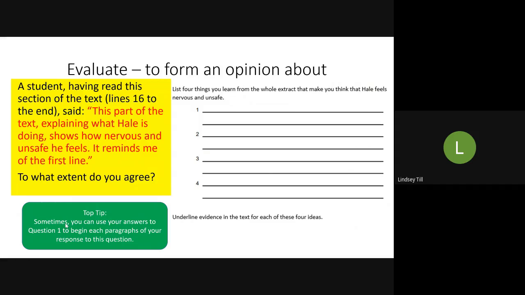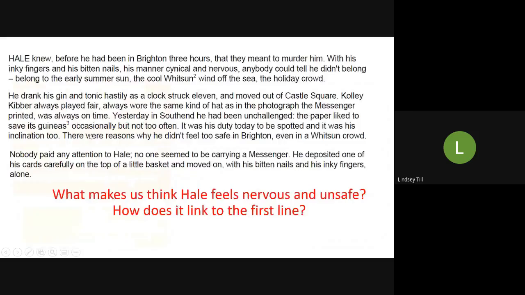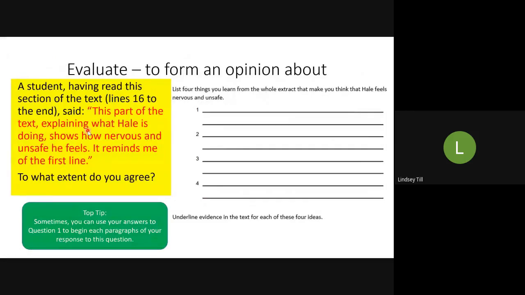It reminds me of the first line." To what extent do you agree? So I'm just going to focus back in. This part of the text explaining what Hale is doing shows how nervous and unsafe. And it reminds me of the first line. Remember, the first line was that we knew that someone wanted to murder him.